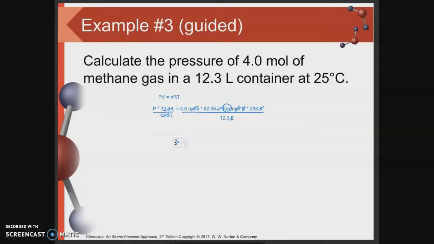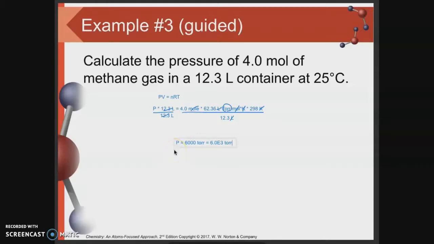Pressure is equal to 6,000 torr, which, to be more precise with our significant figures, we should put in scientific notation: 6.0 times 10 to the third torr.